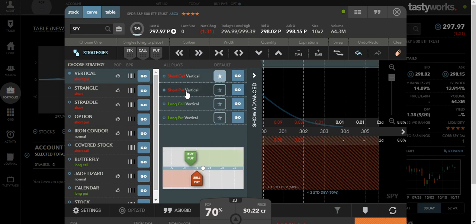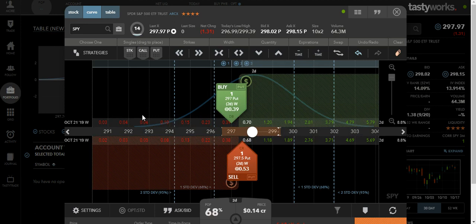But typically in high RV situations, you're going to want to be trading the credit spreads, because basically you're collecting the premium on the sold option, and in a high volatility market, you can actually make a lot of good money, like going into earnings and stuff like that, or just volatile in general.